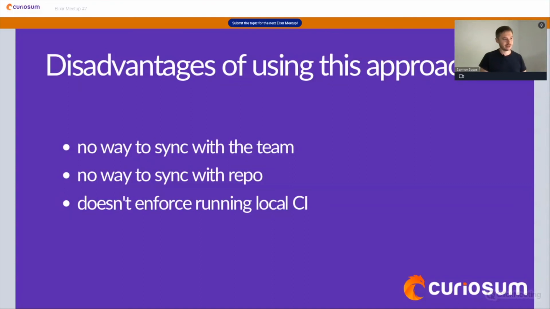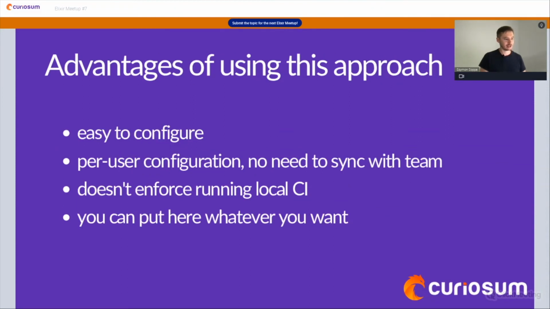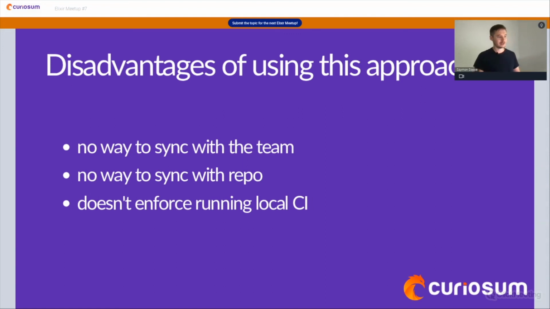And there are some disadvantages of using this approach. As you can see, I'm going to just step back. I said that you don't have to sync with the team, and that's an advantage. And I said that it doesn't enforce you to run a local CI, and that's an advantage. And I think in some way this is both advantage and disadvantage, because if you don't want to have junk code in your GitHub, for instance, you need some kind of assurance from your team members that they are not going to do it.